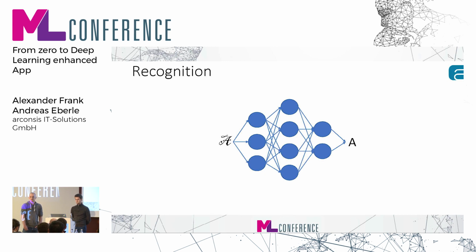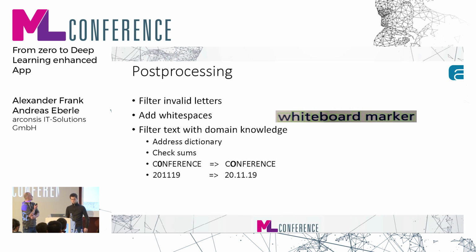Okay, so after that, the post-processing had to be done. Basically, that was, and still is, common stuff that you can do, like filtering out invalid letters. Our network was also able not just to say this is A to C, it could also say that's a blank or that's a failure.